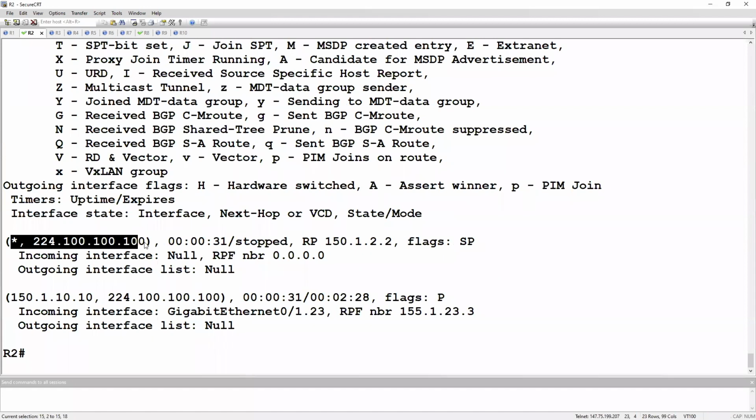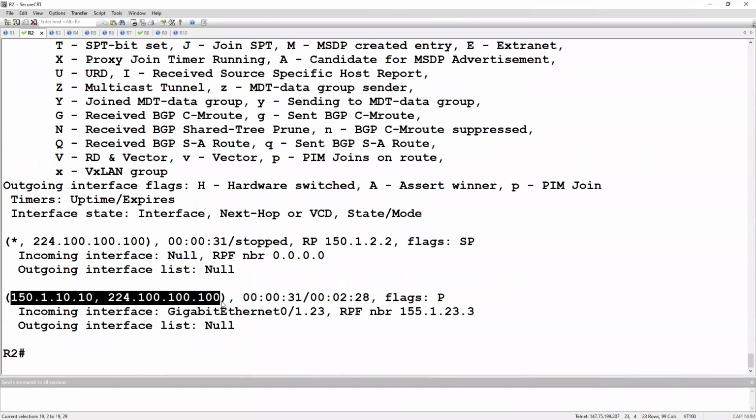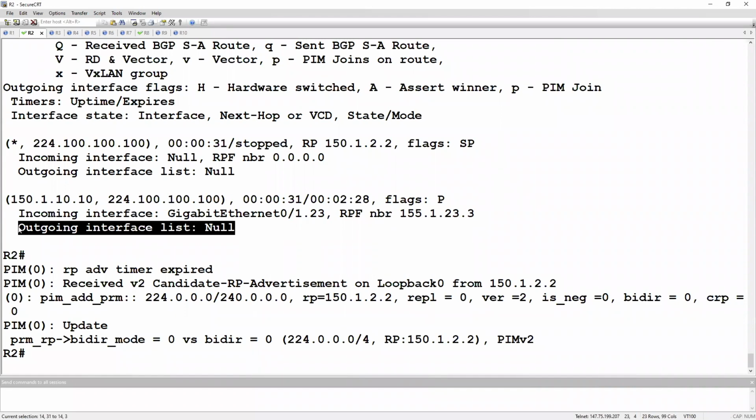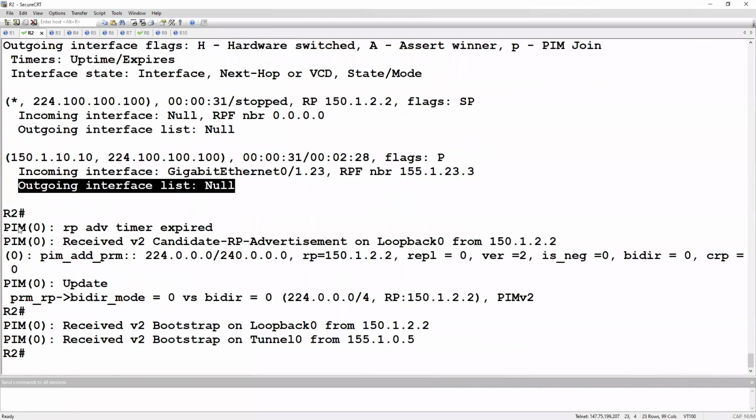First, we should know about the star, G, but we should also know about the sender and its receiving group. Okay, again, the outgoing interface list is still null, which means that we're not forwarding the traffic anywhere once we receive it. This is because we don't have any receivers that have actually joined the tree.